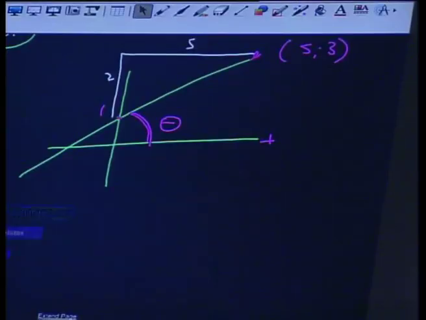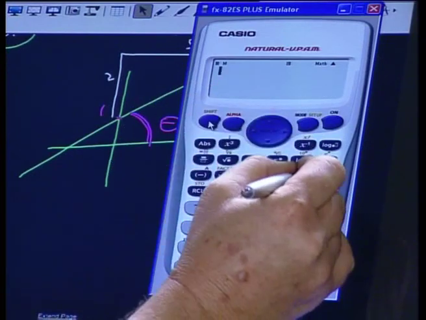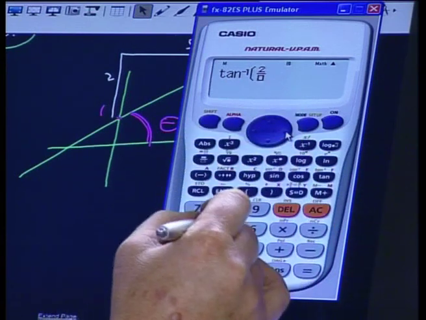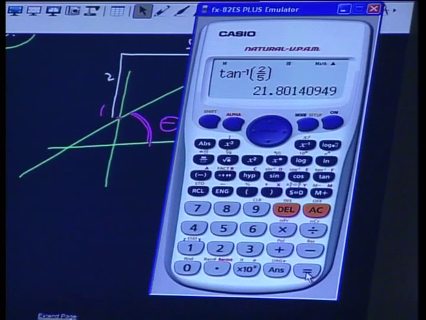Technically, we're looking for arctan 2/5. Right, bring up our calculator. Shift, tan, fraction button, 2 over 5. Finish off our bracket. Our angle is 21,8 degrees.